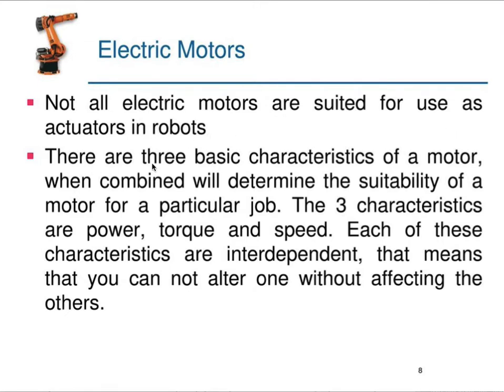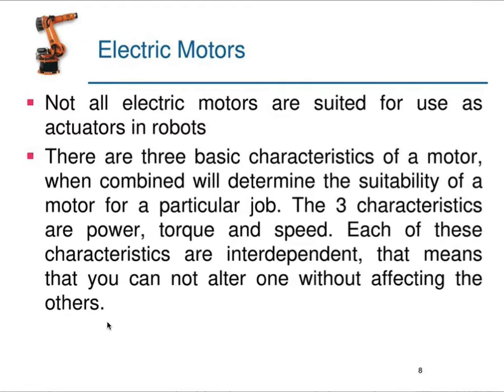There are three basic characteristics of a motor which, when combined, will determine the suitability of a motor for a particular job. The three characteristics are power, torque, and speed. Each of these characteristics is interdependent. That means that you cannot alter one without affecting the others.